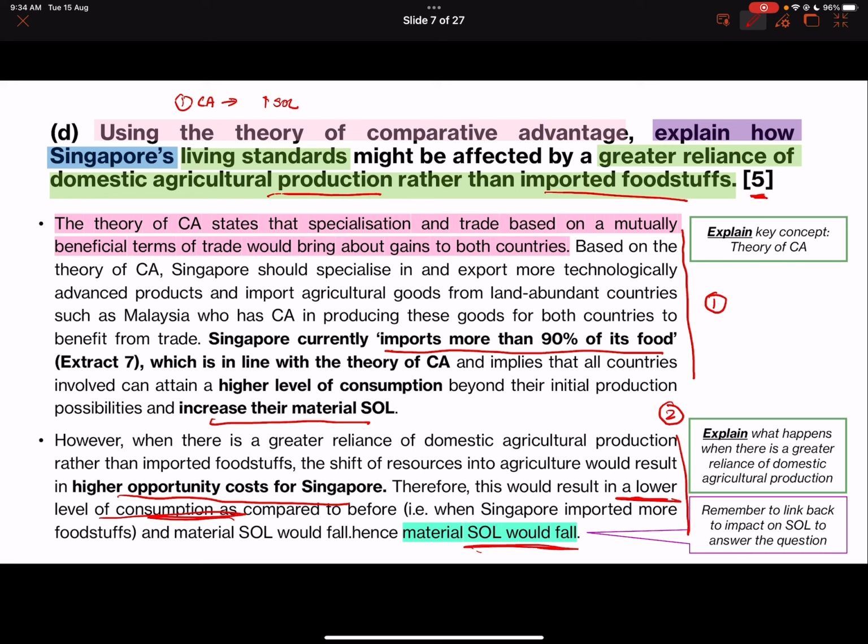Then you say, oh, this goes against it. And 2, if you don't have a comparative advantage, you have a disadvantage, then your SOL will decrease. So you go at it step by step. Okay? That's the thinking skill I want to get across.